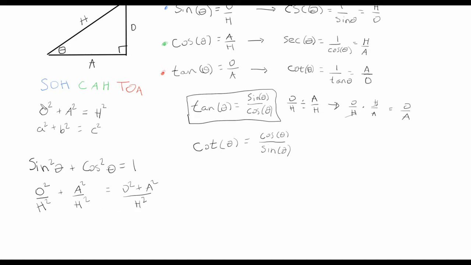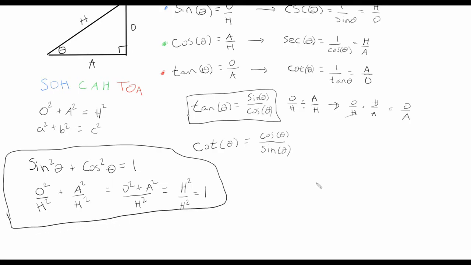By the Pythagorean theorem that we know, o squared plus a squared is equal to h squared. So we have h squared over h squared, which just cancels to 1. And that's our little proof of the first basic Pythagorean identity. It's the most common, the one that you are most expected to know. The other two are good to know, but this one is probably the most important one.